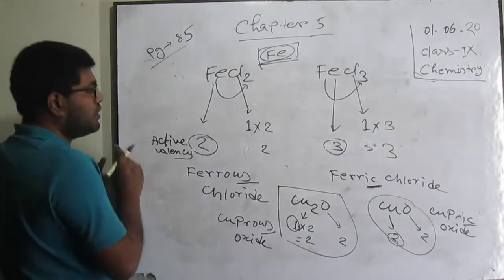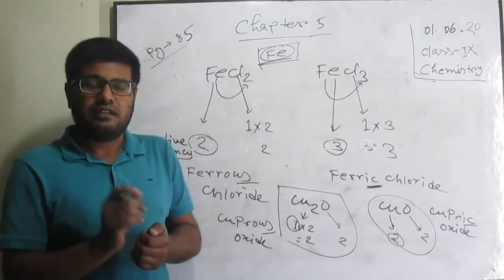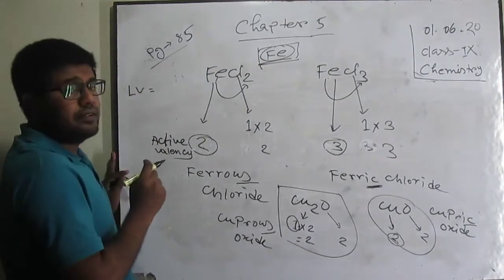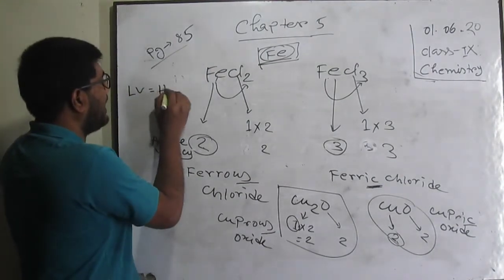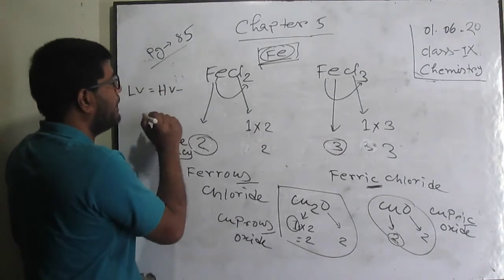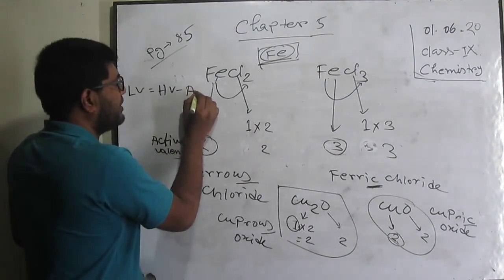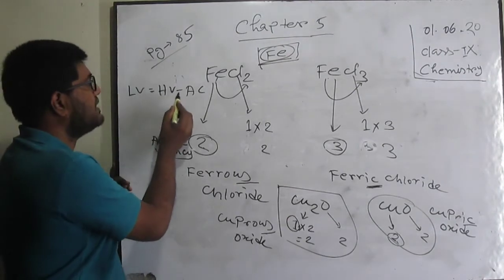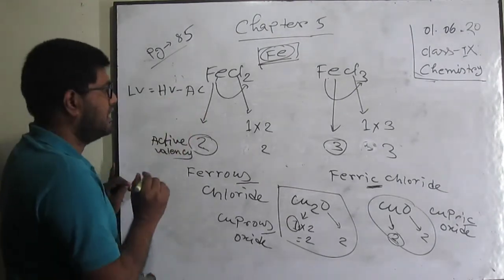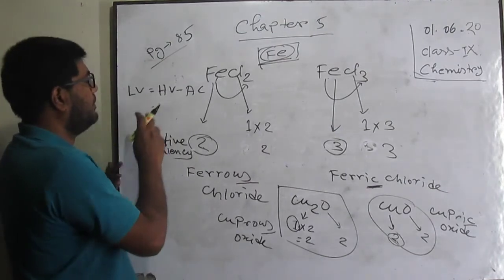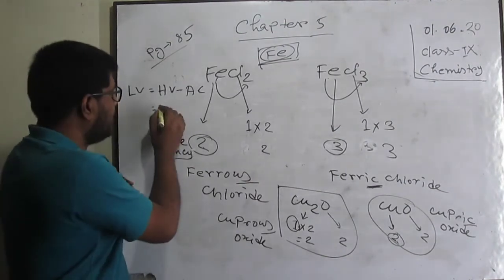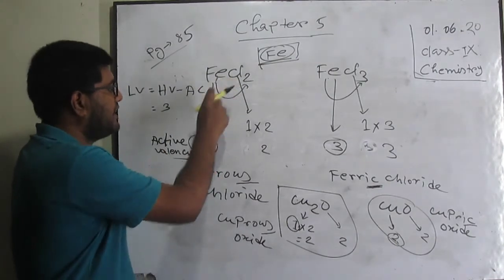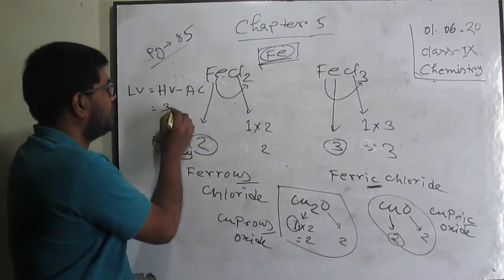So the definition of latent valency is the difference of highest valency minus active valency. Here the highest valency of iron is 3, and in this compound the active valency of the iron atom is 2.